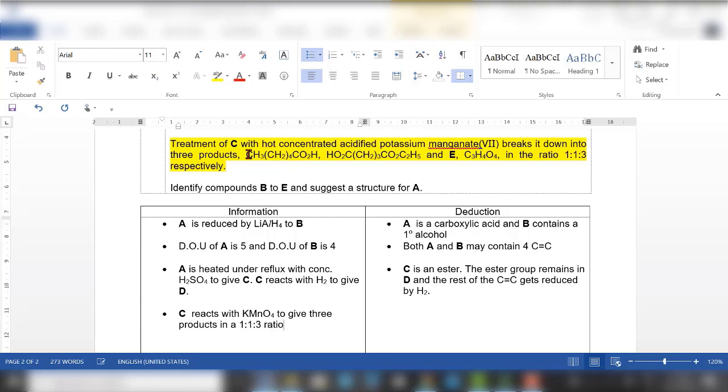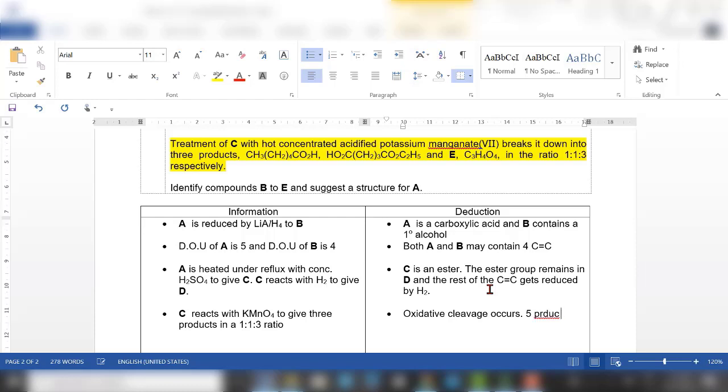Okay, I mean you can shorten it, and then I think the conclusion here would easily be oxidative cleavage occurs. Okay, and altogether you get 5 products. So I think this further confirms the presence of 4 C=C double bonds. 5 products obtained, and this further confirms the initial presence of 4 C=C double bonds in A.